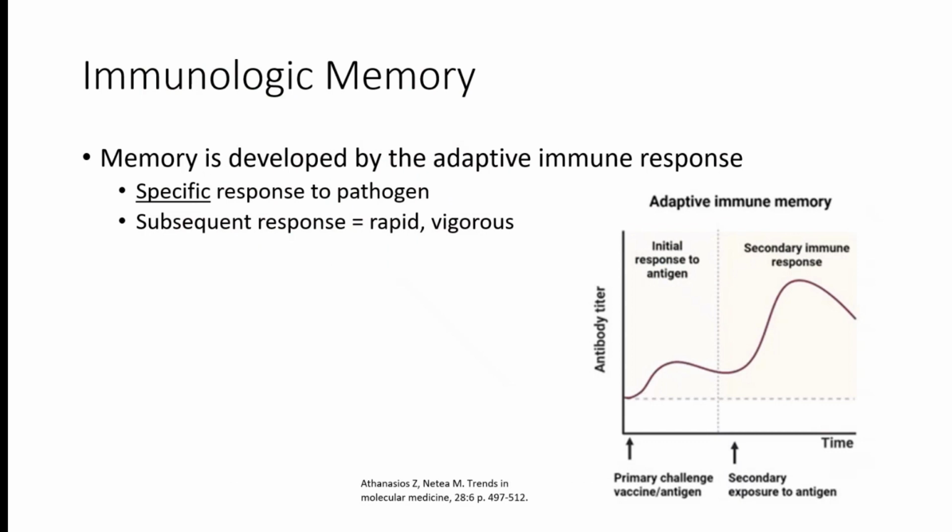So another concept that we'll continue to build on is this notion of memory. So as I shared with you in the first couple of slides, the adaptive immune response is a specific response to a pathogen, right? It's created some unique response that we're going to call antibodies to that pathogen.